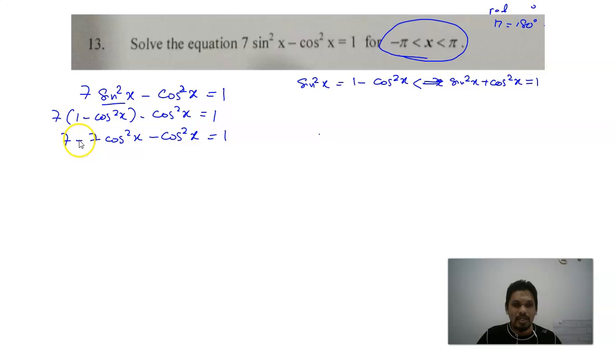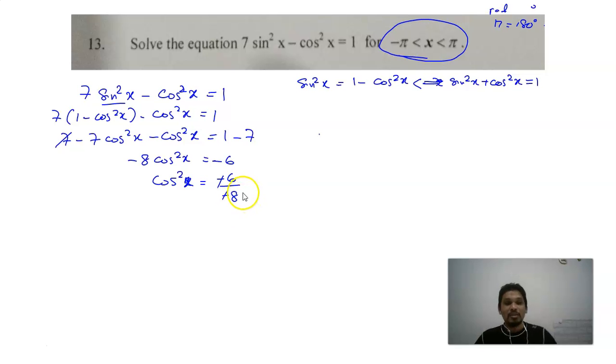Negative 7 cos square minus cos square is negative 8 cos square x equal to 1 minus 7, which is negative 6. Then cos square x equal to negative 6 divided by negative 8, negative divided by negative is positive, and 6 divided by 8 equal to 3 over 4.